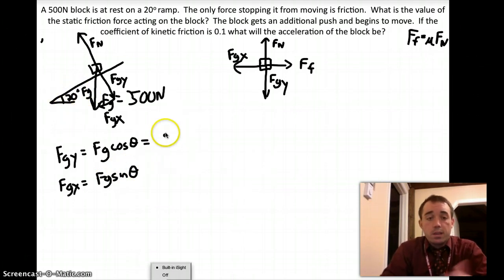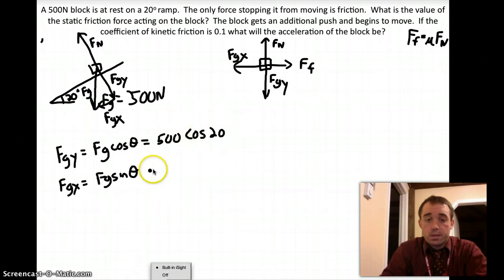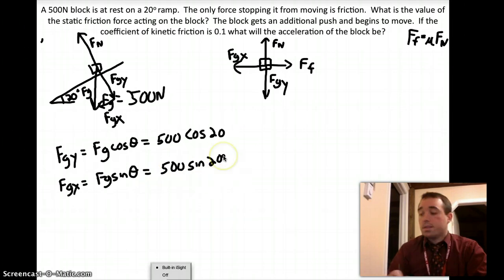So our FG is just the 500 newtons. 500 times the cosine of 20 degrees, and 500 times the sine of 20 degrees.